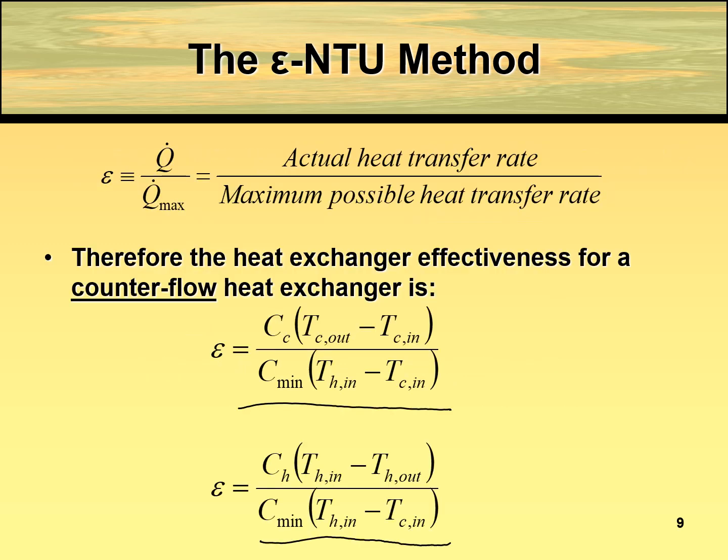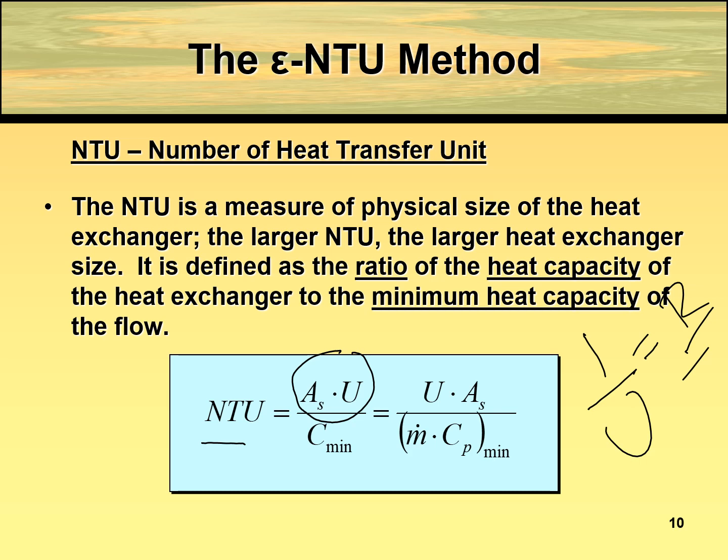So in the effectiveness-NTU method, effectiveness is given by Q actual divided by Q maximum, which can be this equation or you can use these equations. This is referring to the cold flow, this is referring to the hot flow. And then NTU, number of transfer units, is a measure of the physical size.